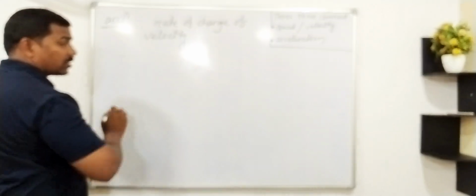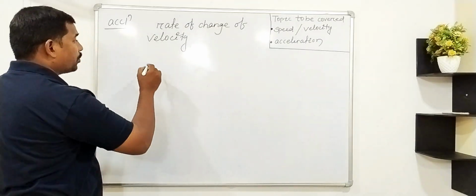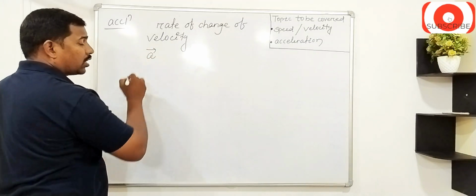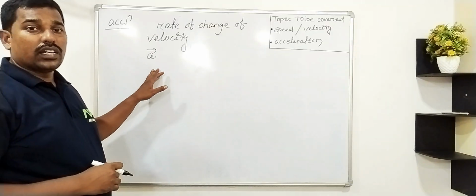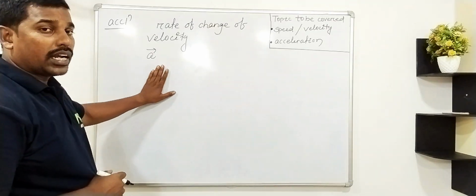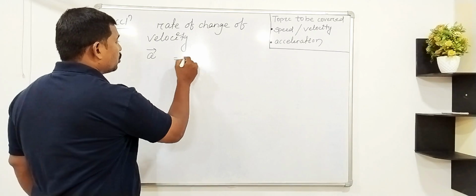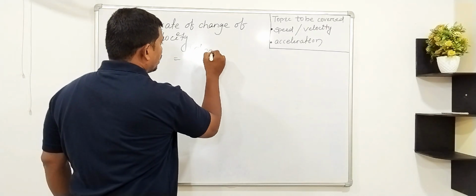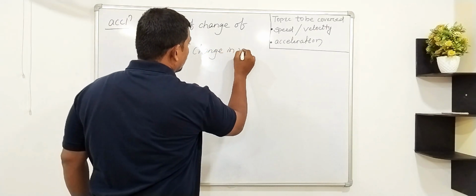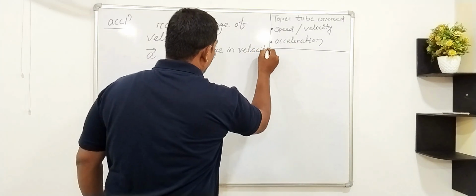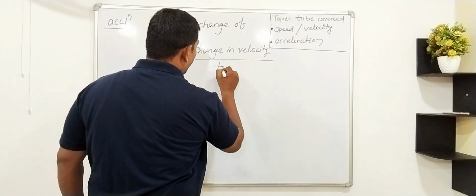Acceleration is a vector quantity represented by a vector, and we can write a vector equal to change in velocity per unit time.